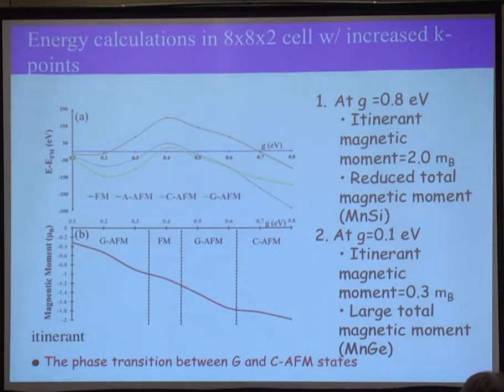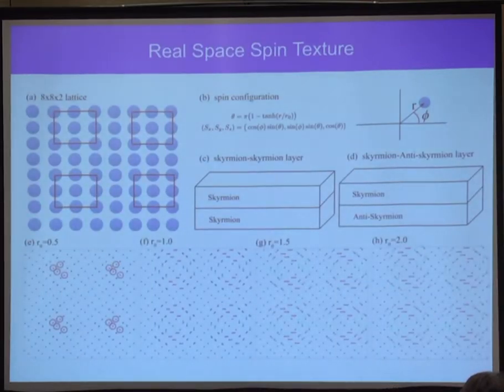Now if you go to the real space calculations and we do the non-equilibrium dynamic simulation for a bigger system size, you can think of it as in this bigger system size we still have a similar formula with a different orientation between the layers.